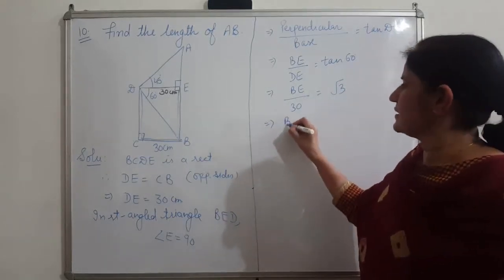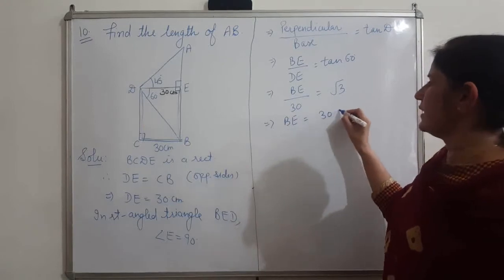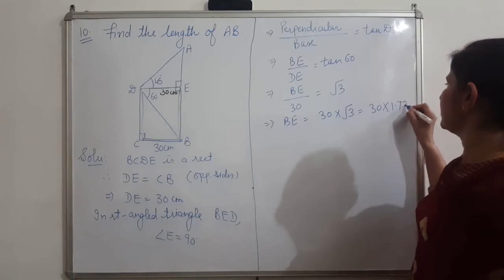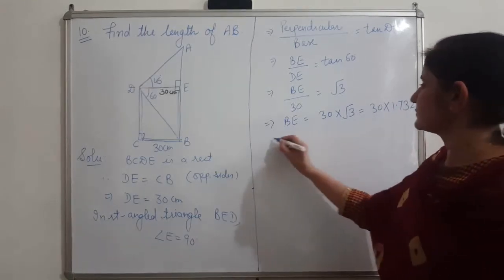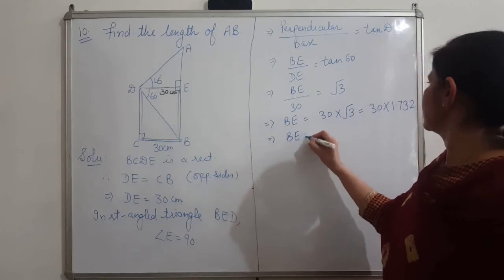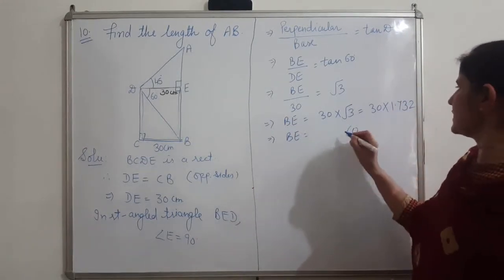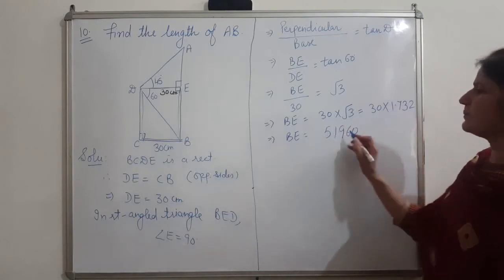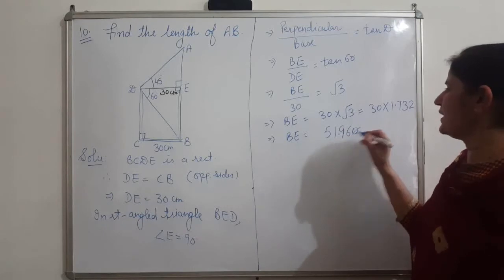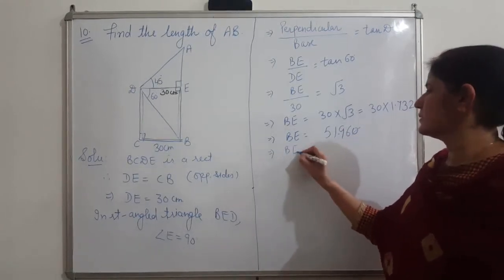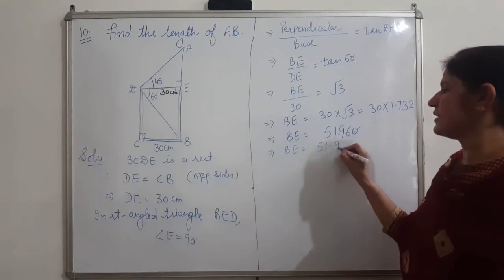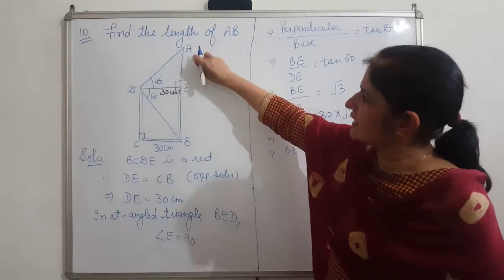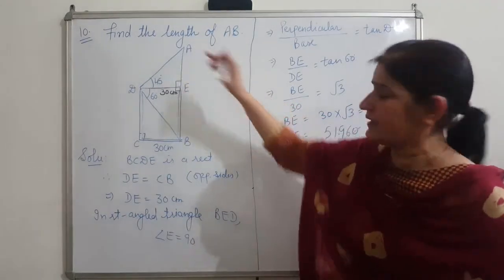So what is BE? 30 into root 3. Substitute value 30 into 1.732 and calculate. 0, 3 2s are 6, 3 3s are 9 and 17 3s are 51. 3 decimal place. So BE is 51.96 centimeter, this length.